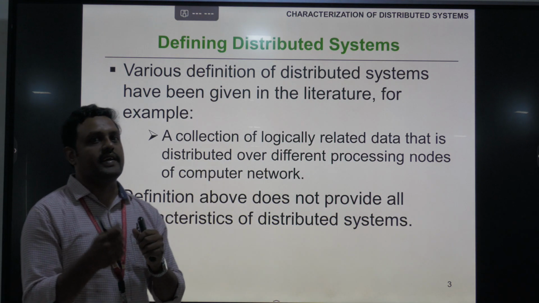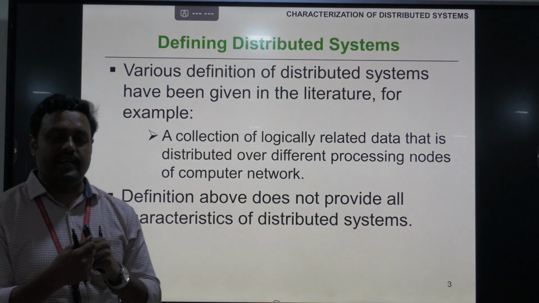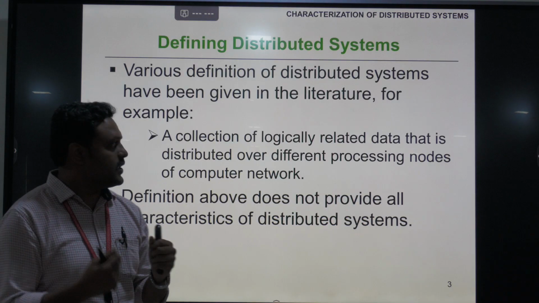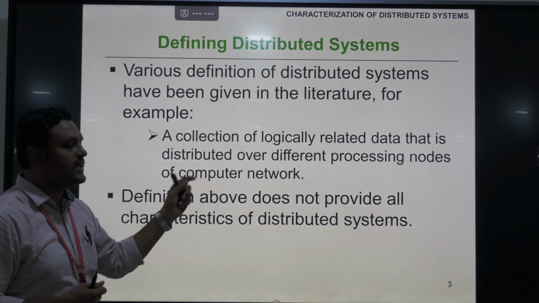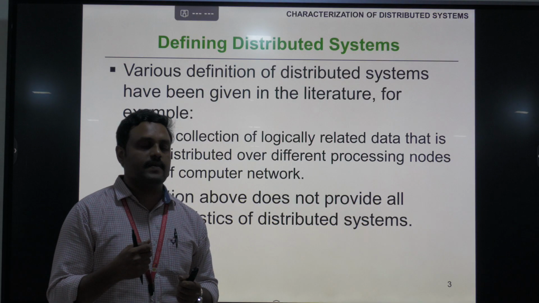Basically, a distributed system is a group of computers connected with a network so that we can exchange data between them, which we can call resource sharing. Any definition in any textbook will define that concept, like how they are connected and how message passing is done. So logically related data is shared among n number of computers connected to a network. Here each and every computer is called a node.